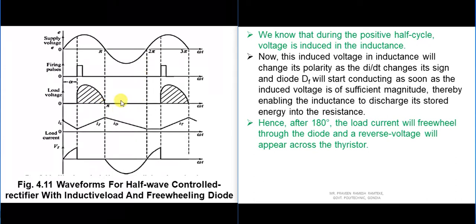The inductance is discharged through the freewheeling diode, and hence we obtain a full negative half cycle across the SCR. Where are we getting the output voltage? We are getting the output voltage across the inductive load. What is VT? VT is the voltage across the SCR. What is the load voltage? The voltage across the inductive load.